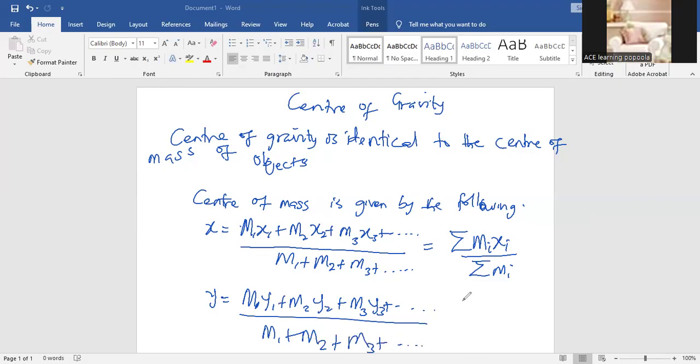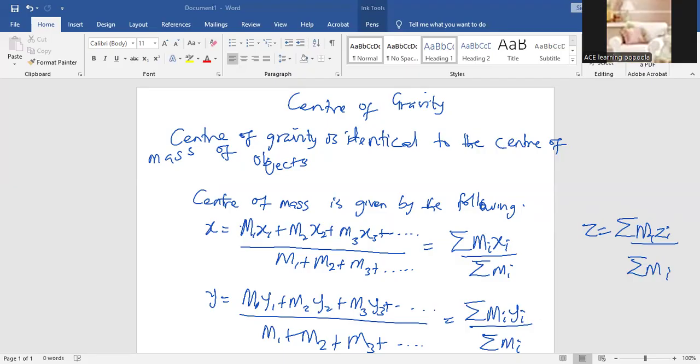So we have summation mi yi over summation mi. The same thing applies to the z coordinate: summation mi zi over summation mi.